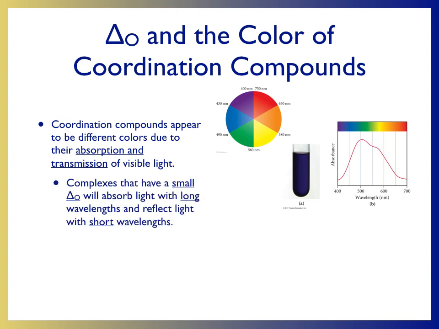If you have complex ions that have a small delta O, they'll absorb light that has a low energy. Low energy light has longer wavelengths. Since these complexes are absorbing long wavelengths of light, the complex ion will typically reflect or transmit light with short wavelengths or higher energies, meaning that the color will appear more blue shifted.